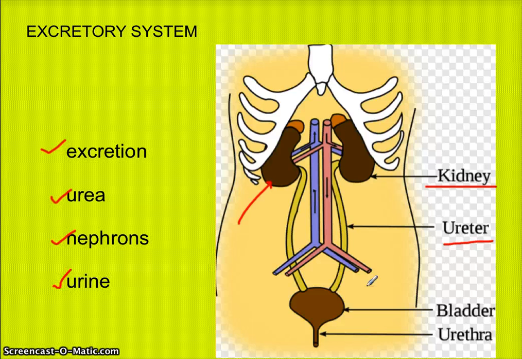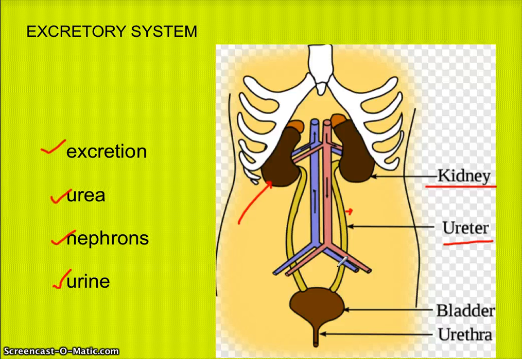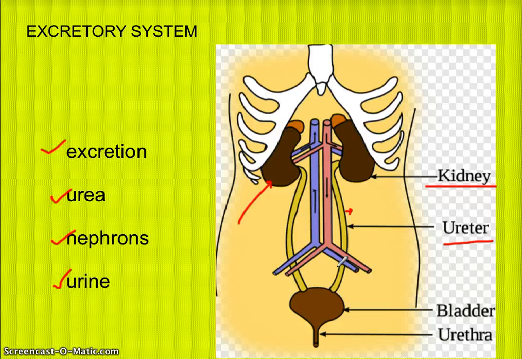Now, as the liquid passes through the ureter, it can be reabsorbed by the body. There are capillaries that surround this ureter. For example, on a hot day, the blood and your cells just may need all the water it can get.